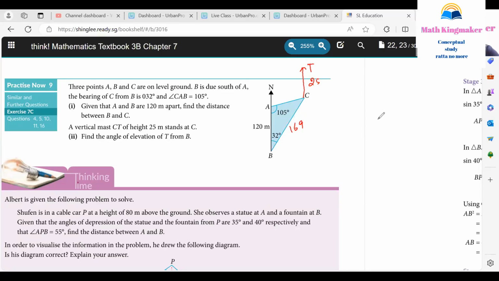This is your CT. It is 25 meters. Just imagine this scenario on your paper. Just make it and keep a pen there at C. And then you can imagine that. How you're going to calculate it?